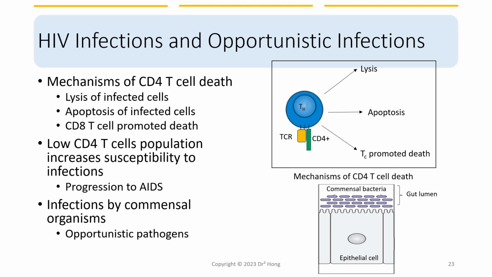As the number of CD4 T cells declines, the immune system becomes less effective and the body becomes more susceptible to infections by commensal organisms and opportunistic pathogens. This increased susceptibility to infections is a hallmark of the progression to AIDS.